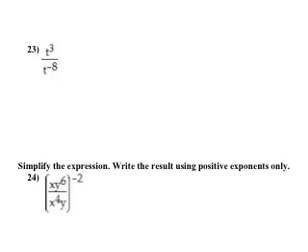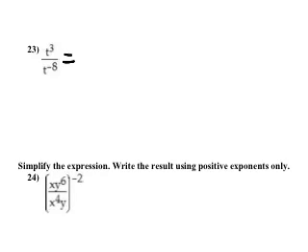t to the third power in the numerator, and then t to the negative 8th power in the denominator. So now if you remember the rule about what to do with the quotient, you know how to divide, this is easy.